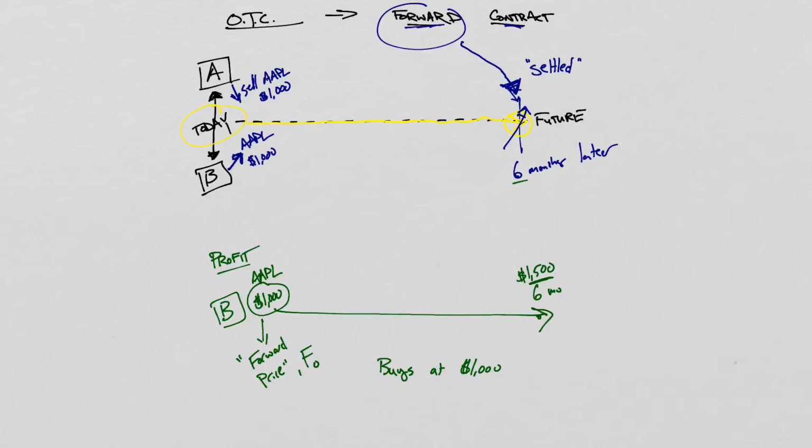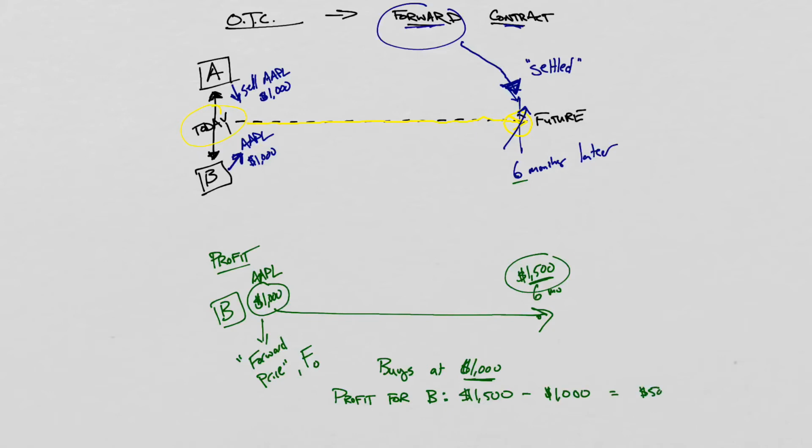Apple is trading at $1,500, and yet they get to buy at $1,000. They're buying it from A. And so it's a good deal for them. In fact, the profit for B is whatever that underlying price is at that time, $1,500, minus the forward price, the price at which they originally agreed to buy at, $1,000.